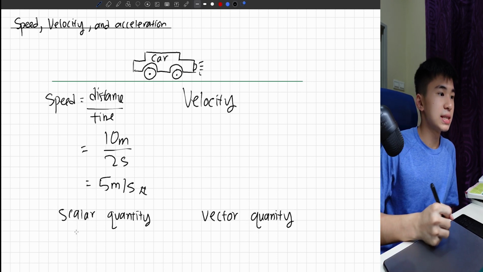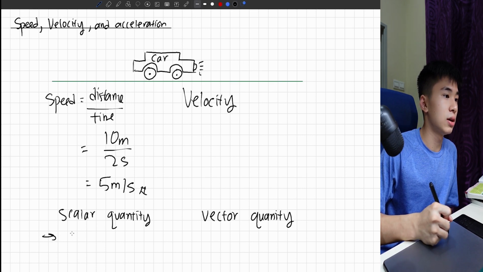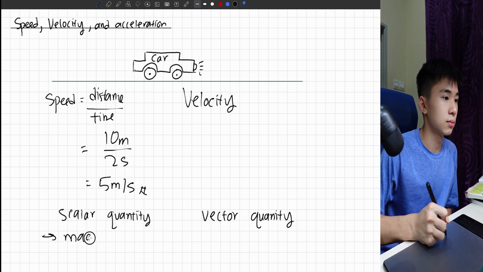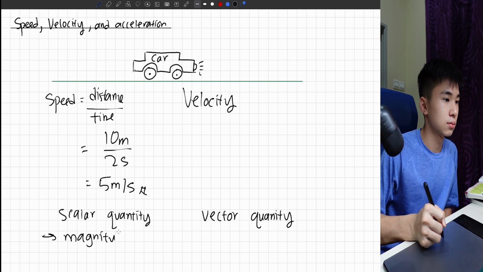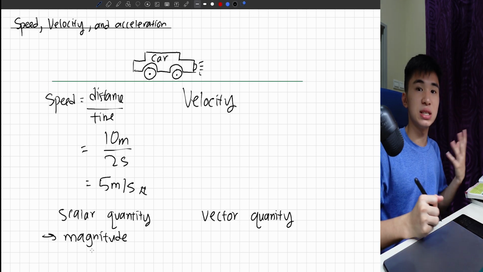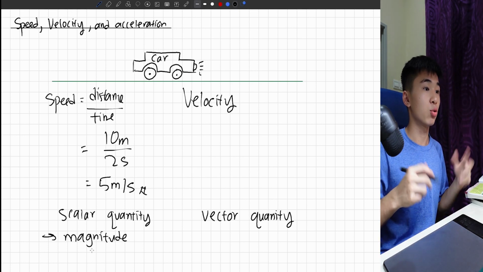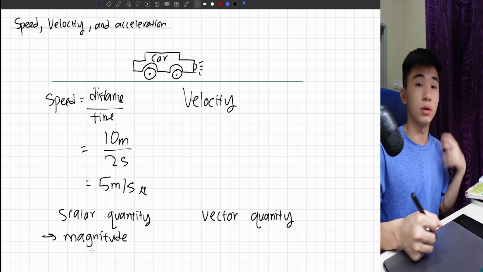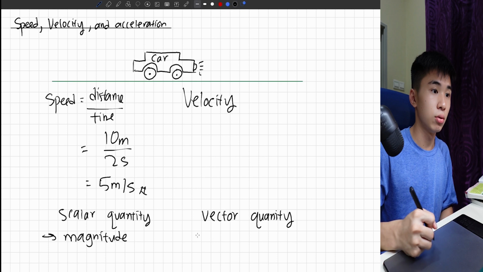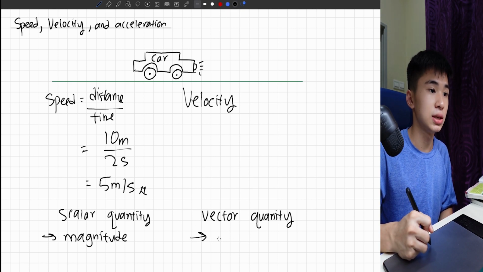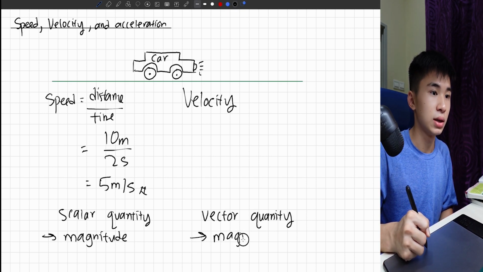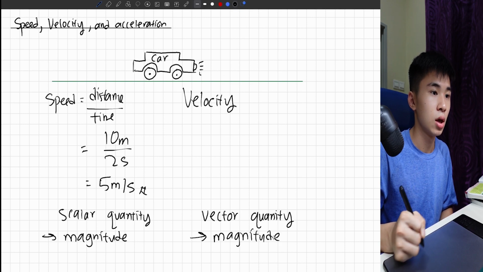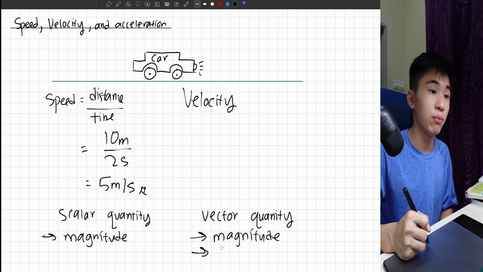A scalar quantity has only magnitude. Magnitude is basically the quantity, the thing that you have, but you do not have a direction for it. In a vector quantity, we have magnitude as well, but at the same time we have direction as well.